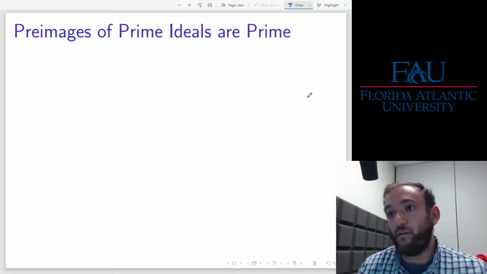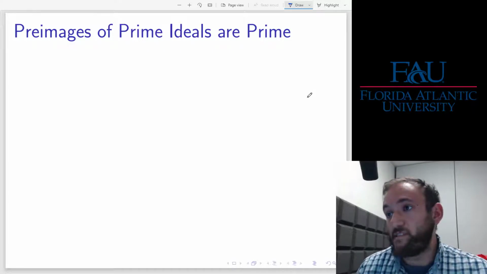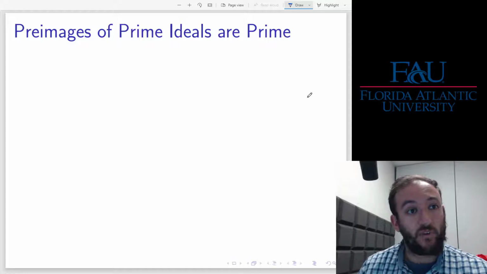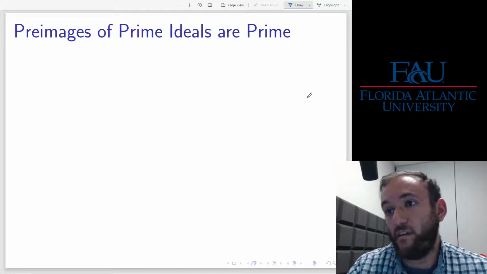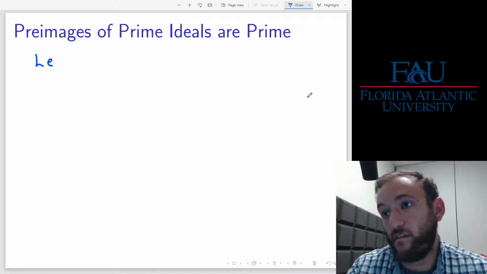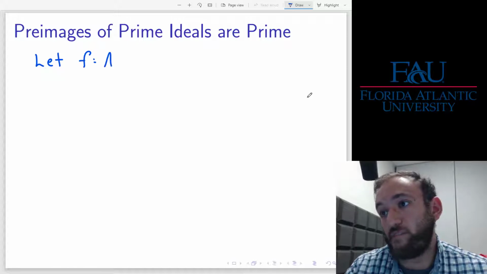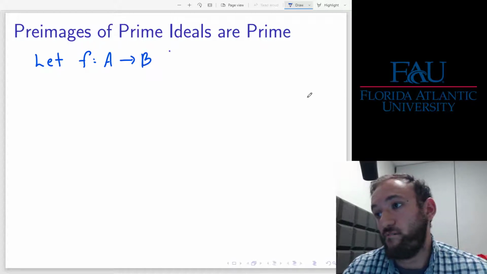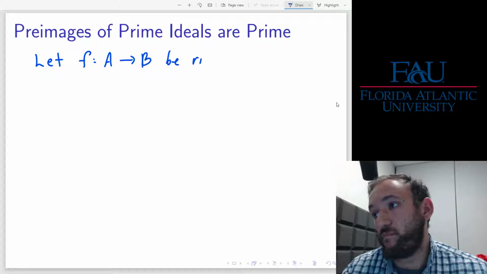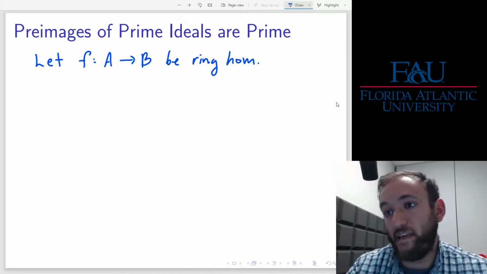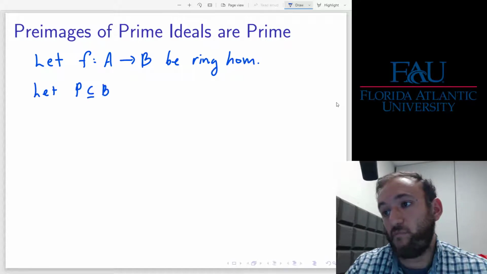Prime ideals have some nice properties, particularly the fact that preimages of prime ideals are prime. So let f from A to B be a ring homomorphism, and let P in B be a prime ideal.